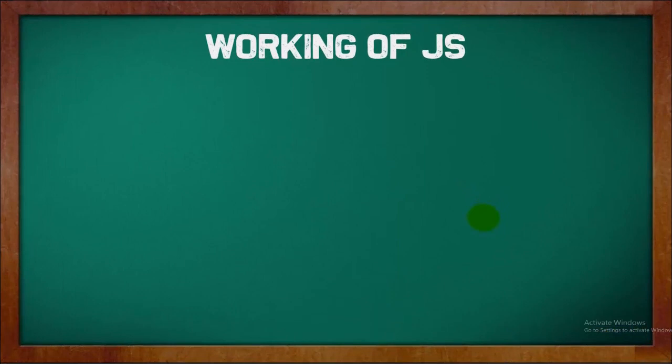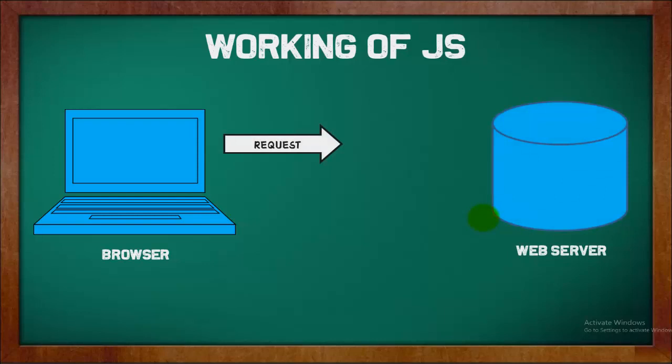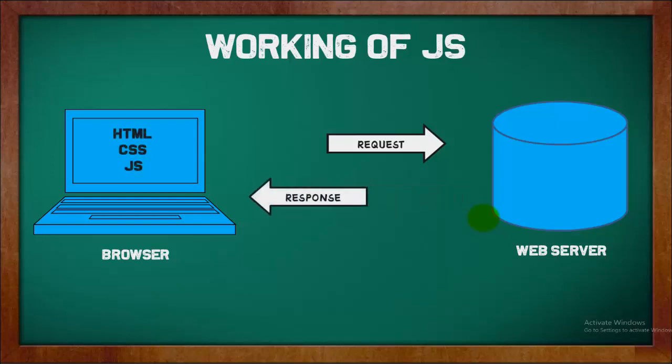Now we will see about the working of JavaScript, how JavaScript works. So imagine this is your computer, this is your browser. From here you are sending a request to the web server. The request can be anything. When it reaches, the web server will process it, and immediately it sends a response of your HTML, CSS, and JavaScript again to your web browser.